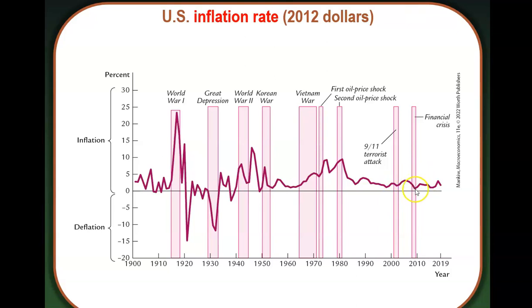So when output declined in the financial crisis, we also see that prices declined again with it. Prices rose again after the economy recovered. And then we sort of see the spikes that are more recent. If we could continue this off a little bit, we would see this spike up again with the COVID economy.